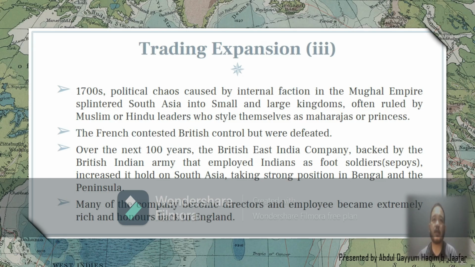Over the next 100 years, the British East India Company, backed by the British Indian Army that employed Indians as foot soldiers or sepoys, increased its hold on South Asia, taking a strong position in Bengal and the peninsula. Many of the company's directors and employees became extremely rich and honored back in England.